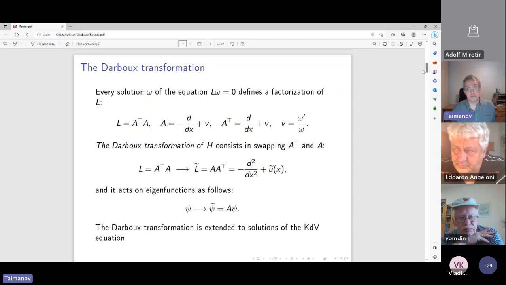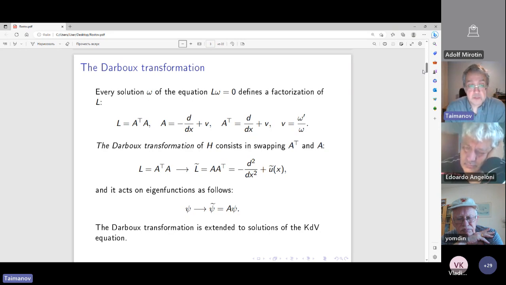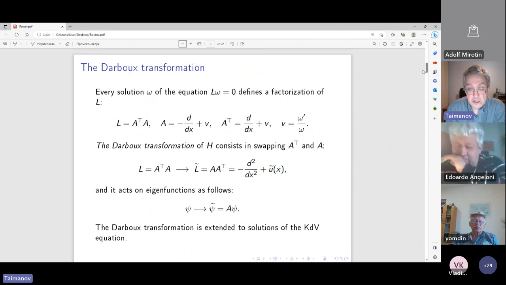Assume that at every moment we are given a Darboux transformation of the solution of KdV, and the resulting transformation also gives you a solution of the KdV equation. It's not exactly this, there are some additional terms in this procedure, but the idea is that we are extending the Darboux transformation to solutions of the KdV.